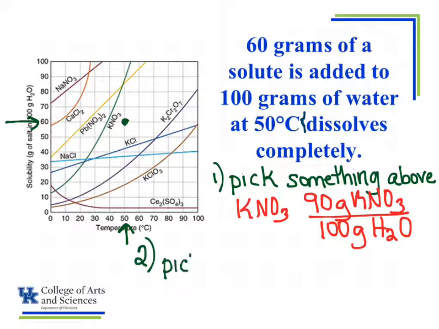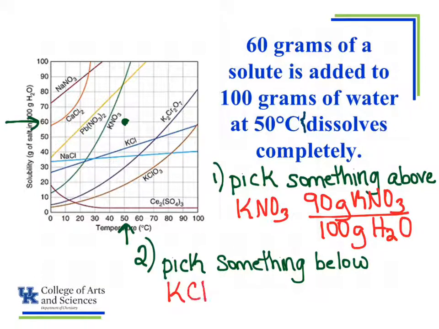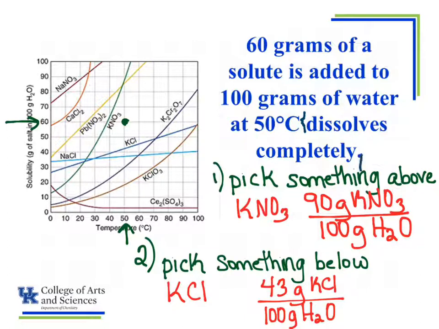Remember, the lines on the curve show us the maximum amount that will dissolve at that temperature. Now let's pick something below the dot, our green dot, still at 50 degrees Celsius. We're going to look at KCl. At 50 degrees Celsius, the maximum amount of KCl that will dissolve is 43 grams in 100 grams of water. I have 60 grams of solute, and the max that will dissolve is 43 grams.